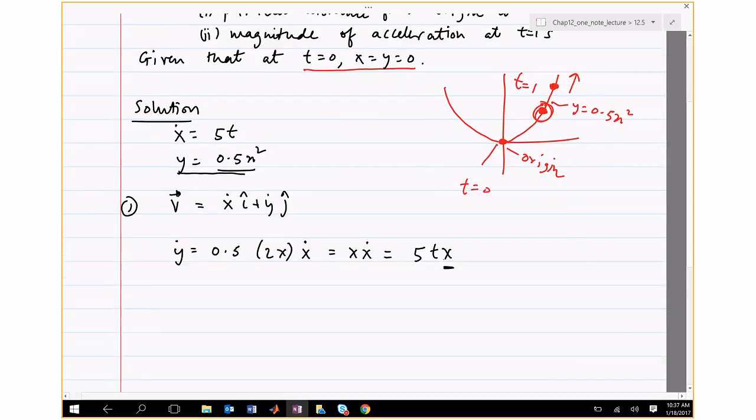We don't know x, so we better solve for x before we can solve for y. We are stuck because we don't know what x is. So I'm going to solve for x first, which we know x dot is 5t, and then substitute that in for y dot, and then solve for y.